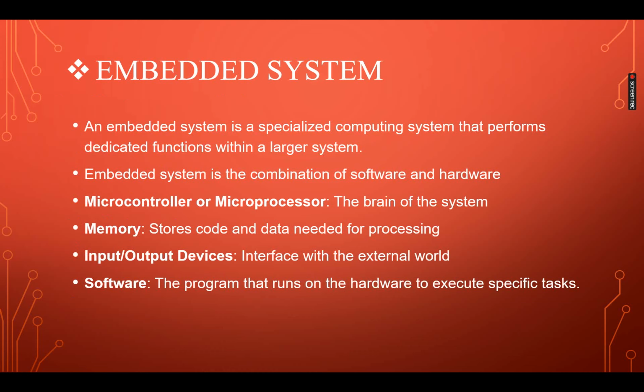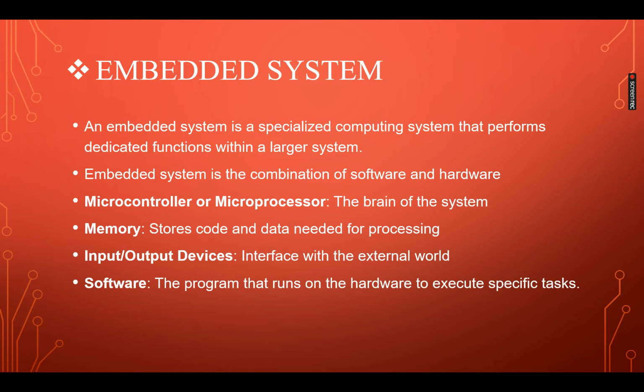An embedded system is a specific computer system that performs a dedicated function. An embedded system is the combination of software and hardware. In embedded systems, the microcontroller or microprocessor is known as the brain of the system. If there is no microprocessor or microcontroller, there are no embedded systems.